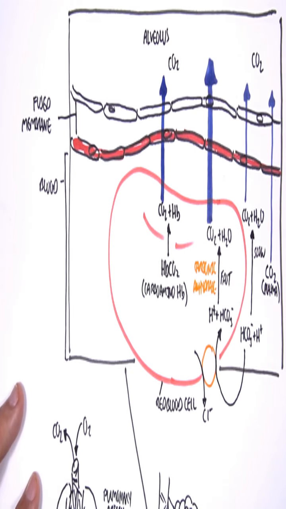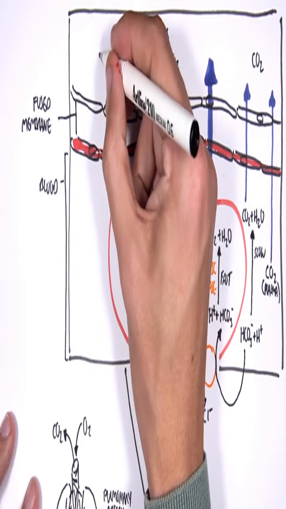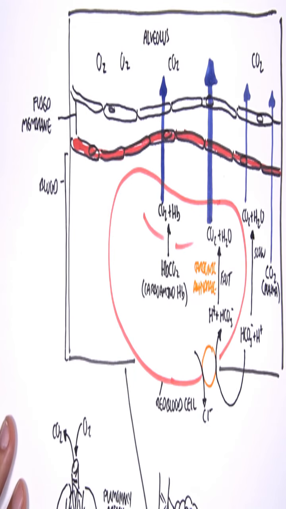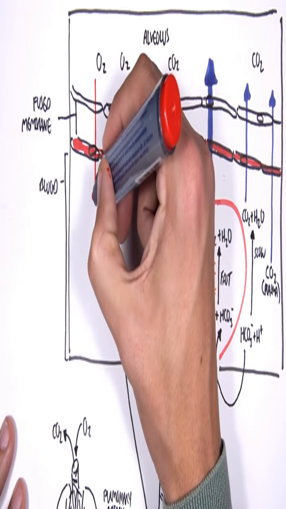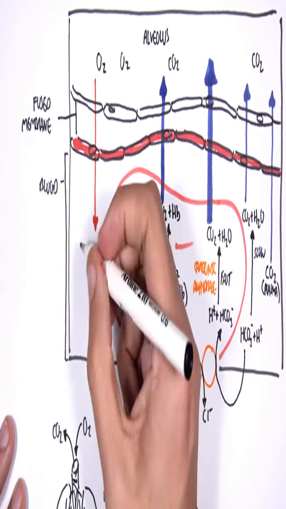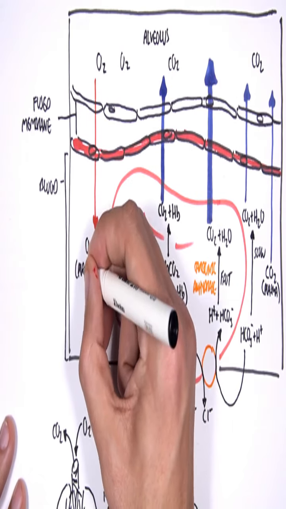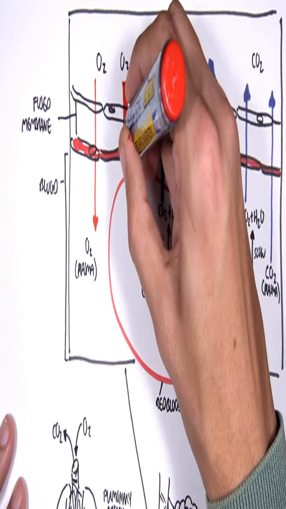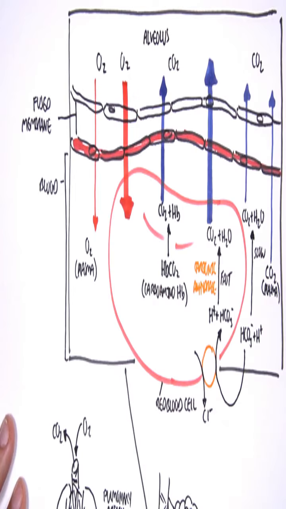Okay, so now we have a lot of the carbon dioxide in the alveolus. Our lungs will exhale this carbon dioxide, and then we'll inhale oxygen. So oxygen enters the alveolus, and then oxygen can be transported via two ways. A small amount of oxygen will be transported in plasma, just enters the plasma.